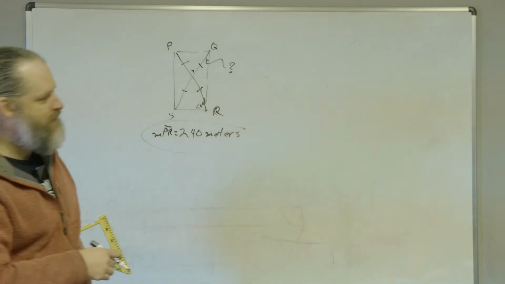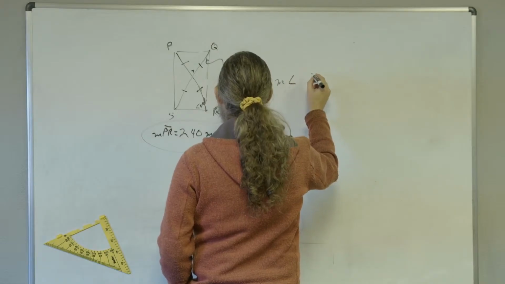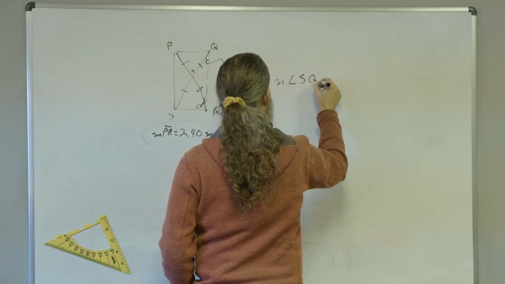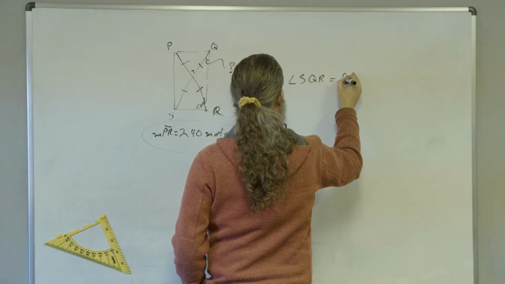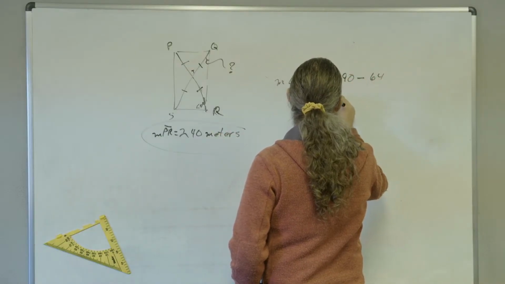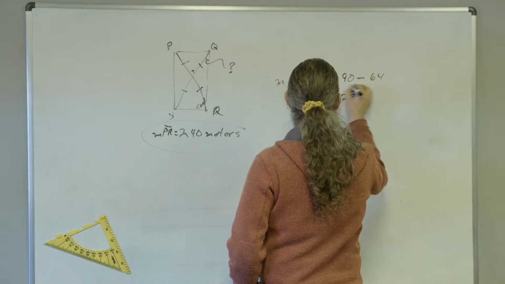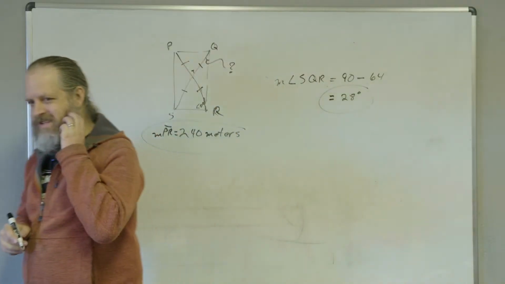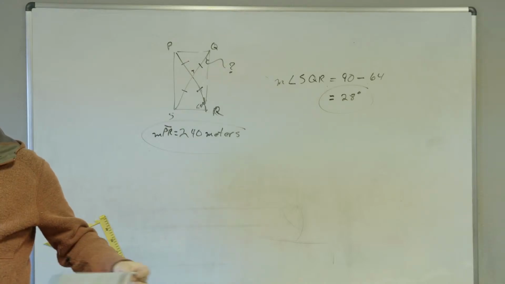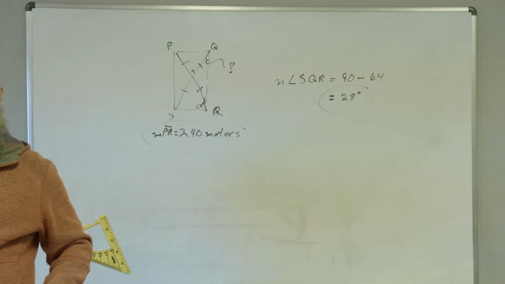We could subtract 64. The measure of angle SQR equals 90 minus 64. Therefore, it equals 28 degrees. Easy peasy. All right. What else can we know about rectangles? Well, nothing.